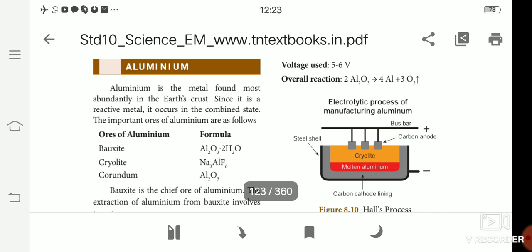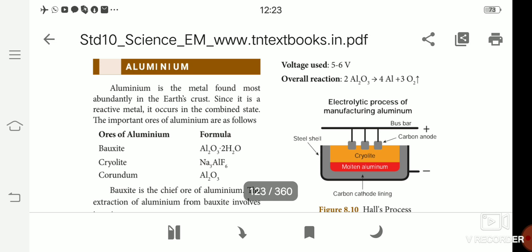For oxygen, 2 is common, then 3 oxygen, so 2 into 3 is 6, so 6 oxygens are present. So 4 aluminium and 6 oxygen. This is balancing the equation from bauxite to aluminium.